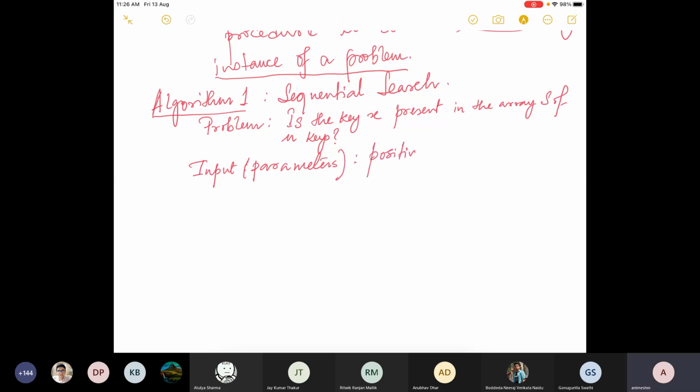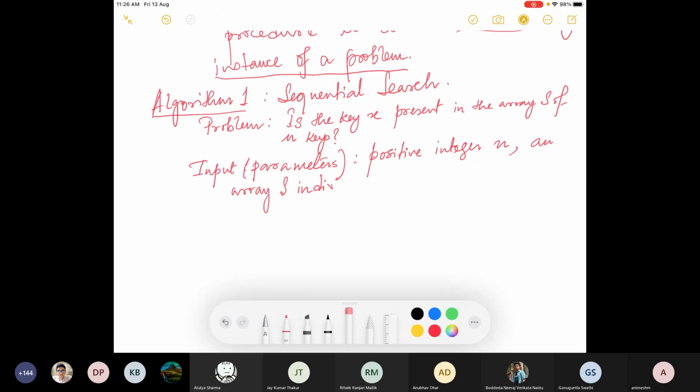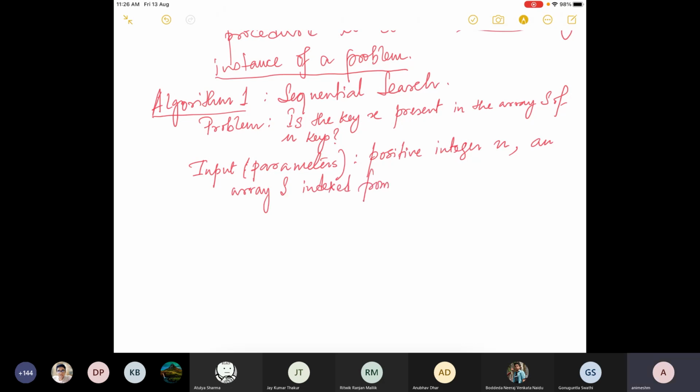Here in this case, a positive integer n, an array S indexed from 1 to n, and a key x.